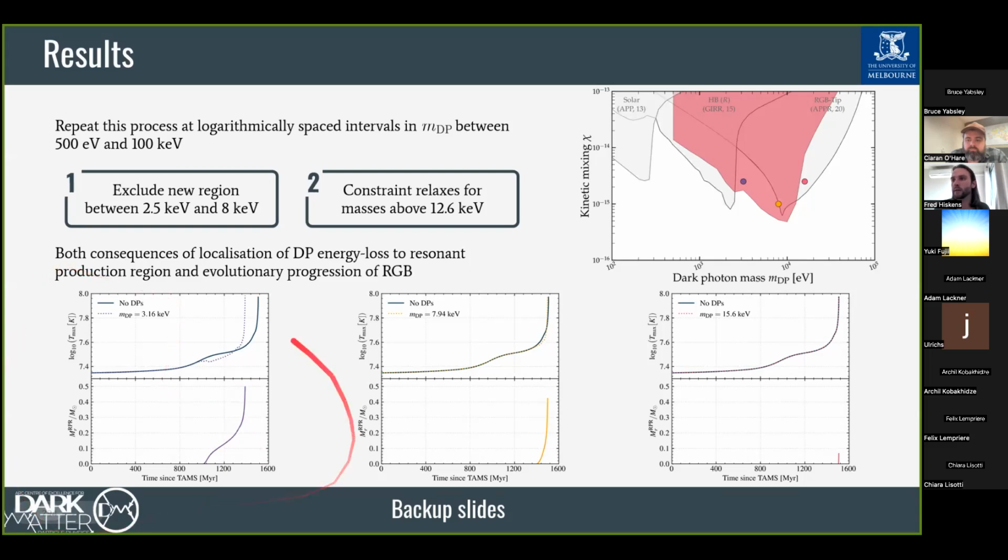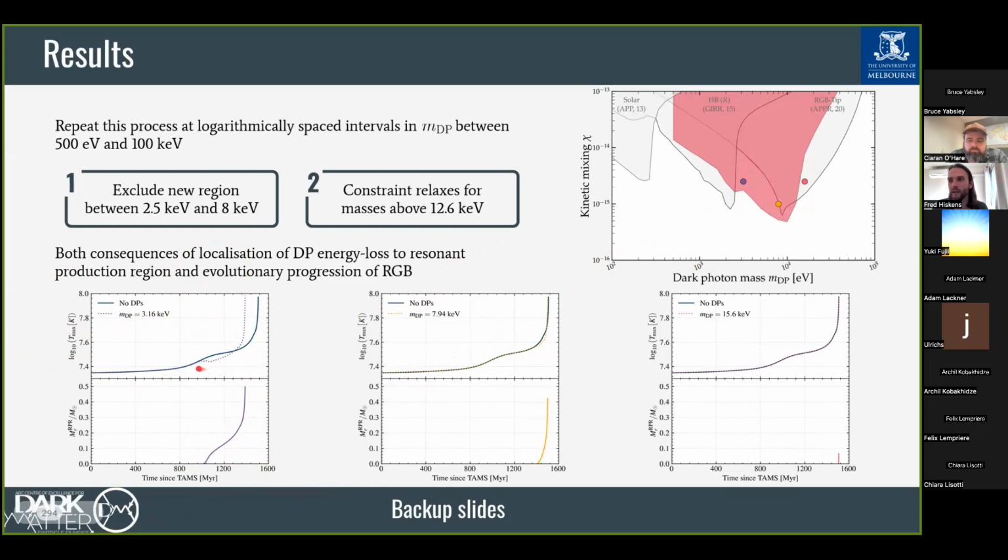If we look at this case down here, the bottom left shows you the progression of the max temperature for this case up here, for a dark photon of 3.16 keV and this kinetic mixing parameter. What you can see is that as this phase progresses, the central density increases and increases, and then at some stage, still quite a while before the end of the red giant branch phase, the star acquires a resonant production region.